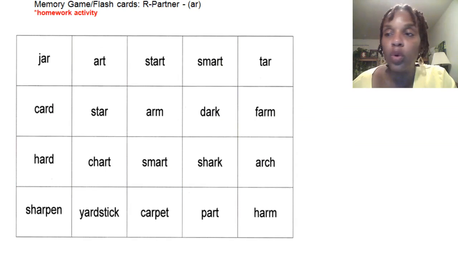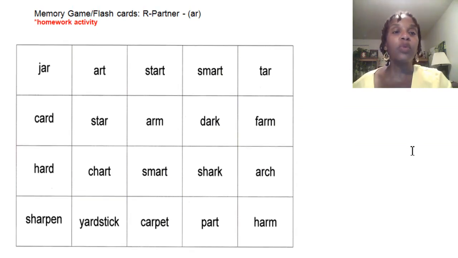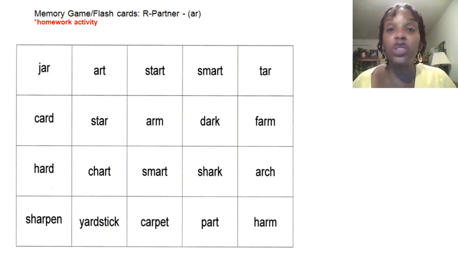All right. More homework, and in this part of the homework you get to play a game. What you're going to do is make flashcards. So you're going to ask your parent or reader teacher to make 2 copies of this page for you on thick hard paper, which is called cardstock, right?